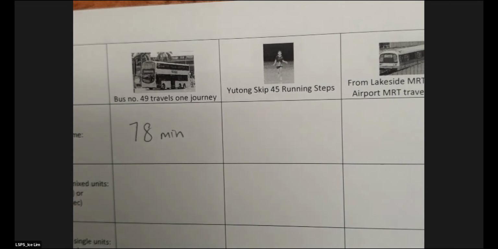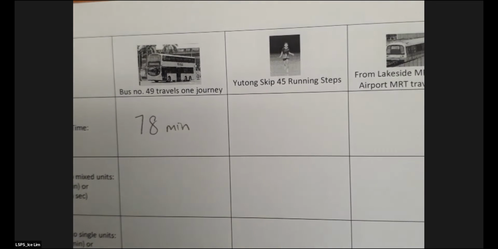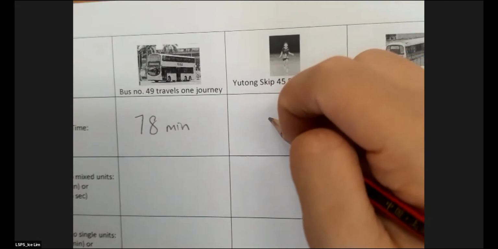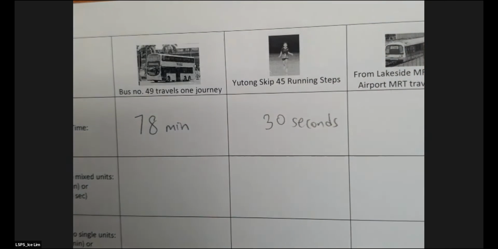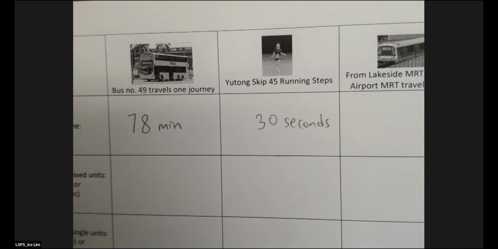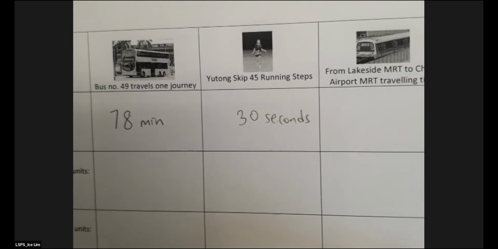That means the bus starts from Jurong East, it comes all around Taman Jurong, and then goes back to Jurong East. Okay, and then Yutong skipping 45 running steps. That will take her actually about 30 seconds or even less. Yes, you should watch her do it one day, and then you can compete with her.